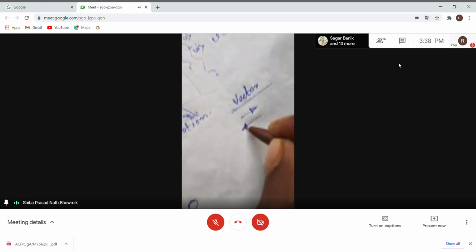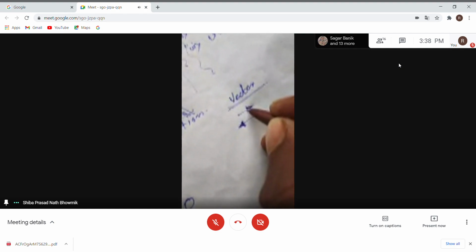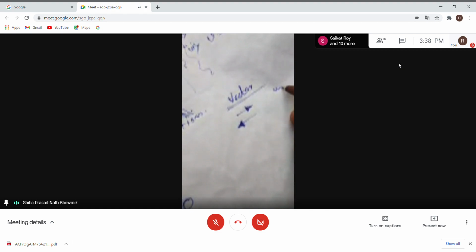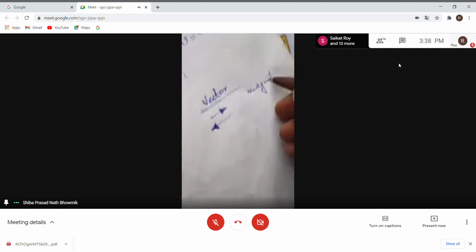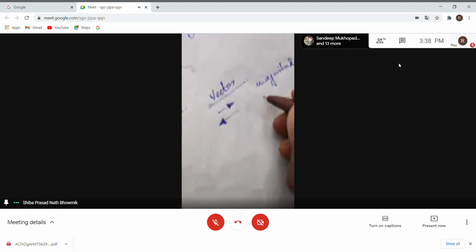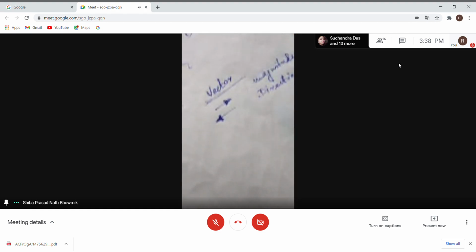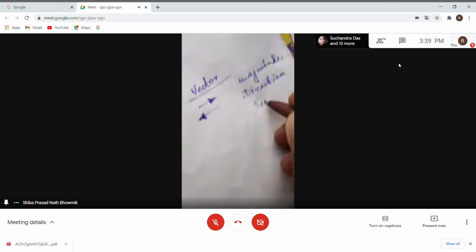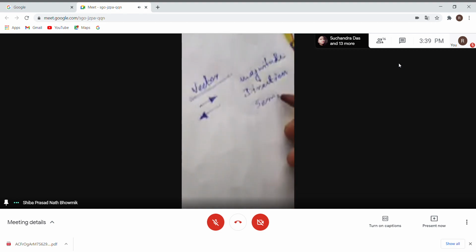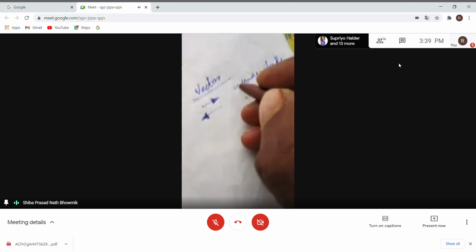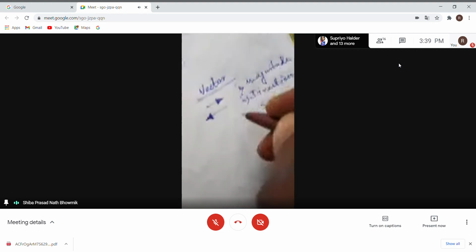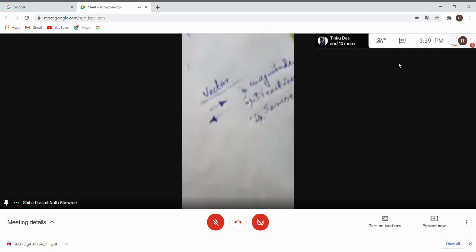Then the quantity is considered as a vector, right? Magnitude, then direction and sense. These three conditions are needed.